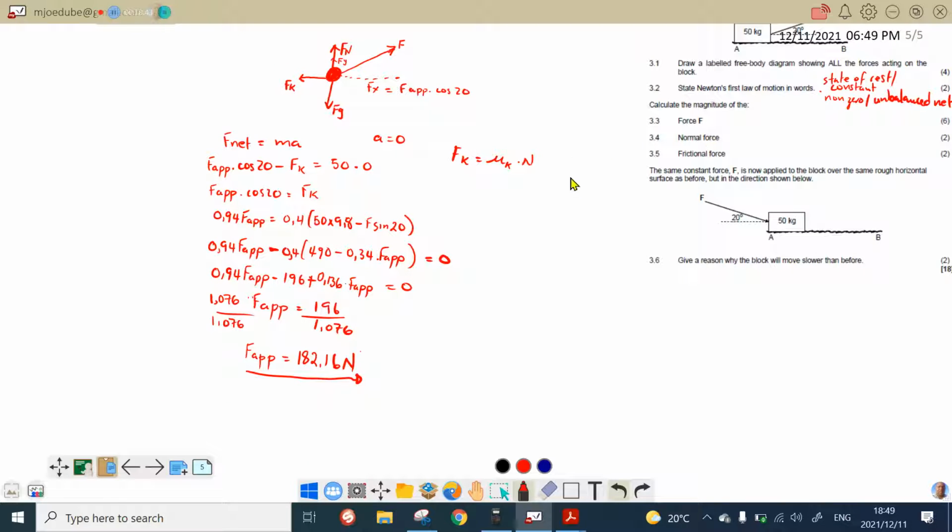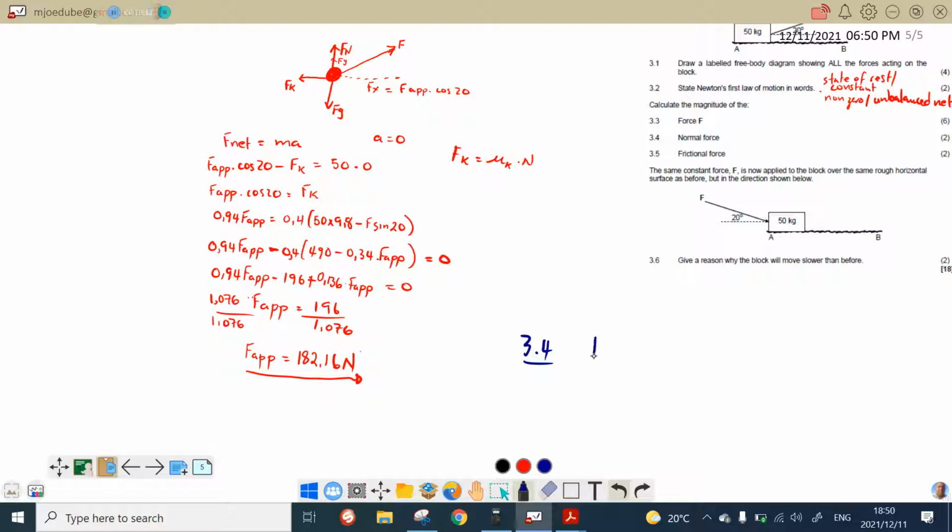The next part that is asked of you is to calculate the normal force. Remember, there are components that are influencing the normal force that is being calculated, and therefore it is important that you take that into account. The normal force in this case is going to be calculated as follows. So 3.4.